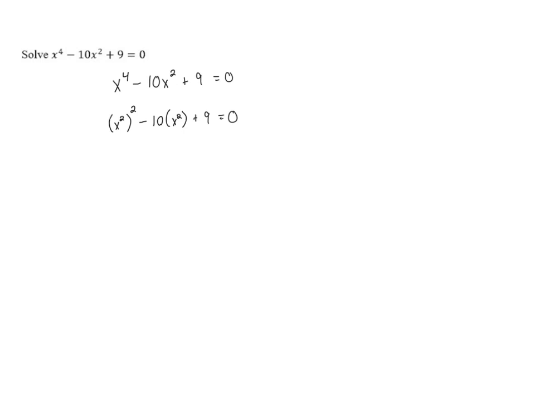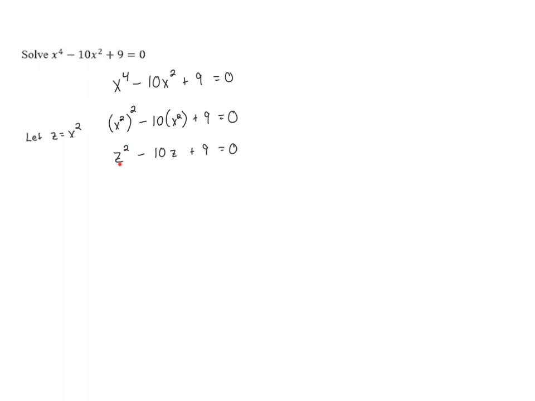So the substitution we're going to want to make is z equals x squared. And when we replace x squared with z, this equation turns into z squared minus 10z plus 9 equals 0. And now this is a quadratic equation.